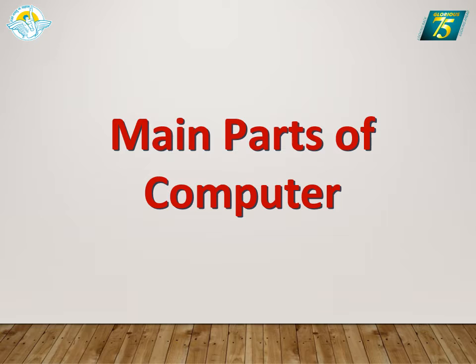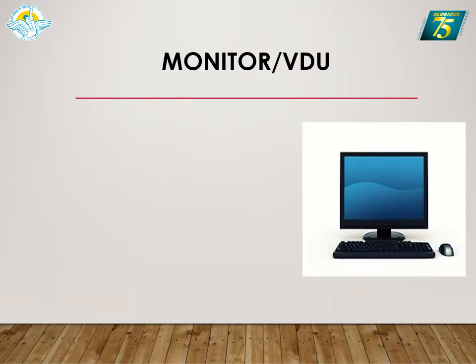Okay. Now let us see what are the main parts of a computer. The first part is the monitor. Now monitor is also known as visual display unit, which means the short form is VDU. Visual means the one which we can see with the help of our eyes.